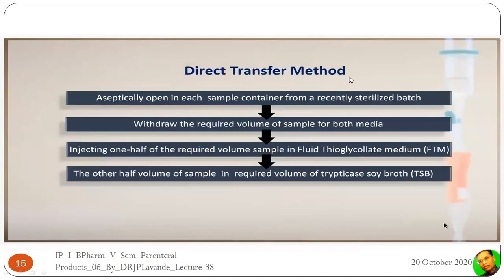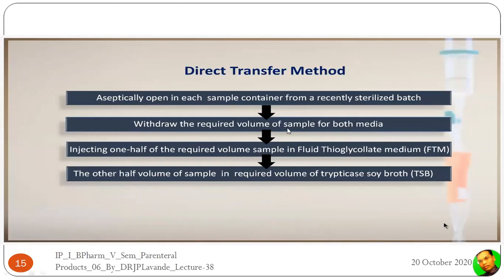Now, this is the method of measuring the sterility, which is said to be the direct transfer method. What will be done in case of direct transfer method? Aseptically open each sample container from a recently sterilized batch. The sampling can be carried out based on a suitable method, or there may be random sampling of the containers.